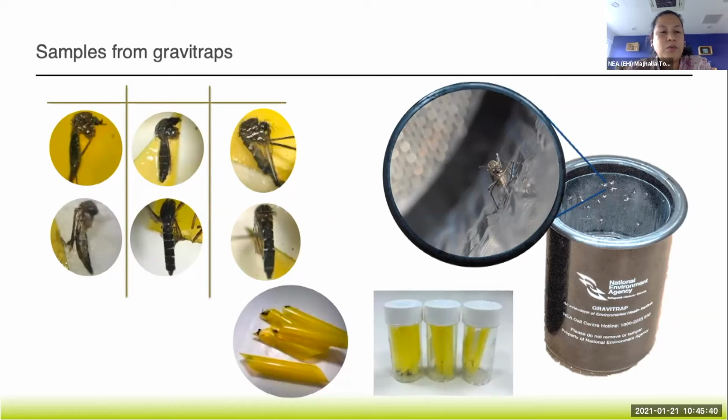The first 2 samples are actually Aedes aegypti. If we zoom in on these photos, we can see the separated mesepimeral white scale patches. And if you look at the abdomen, it's almost completely white. So this is definitely Aedes aegypti. The second one, that is true.